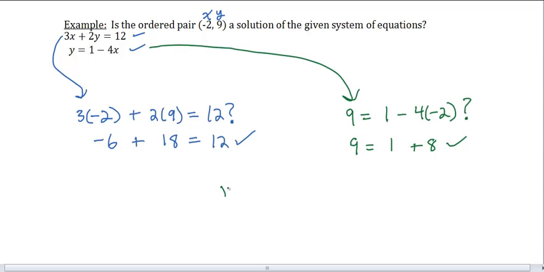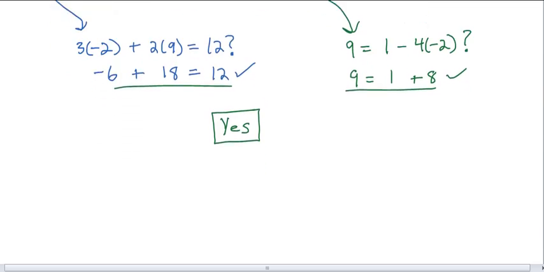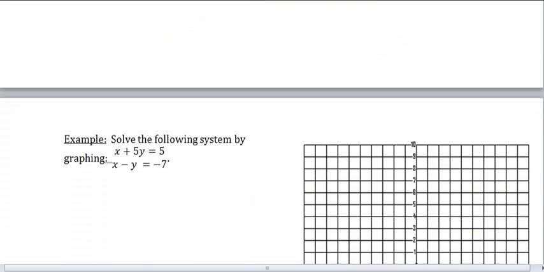And so yes, this ordered pair, negative 2, 9, is a solution to this system of equations because it satisfies both of those equations. Had one of these been false, either this one or this one, then we would say no, this ordered pair would not be a solution to the system.